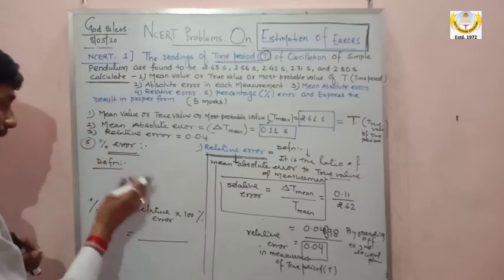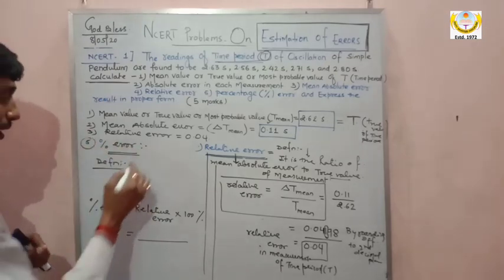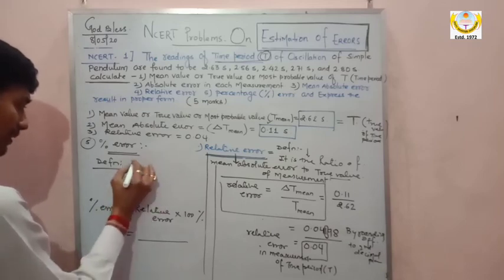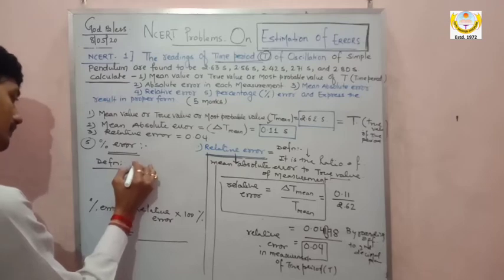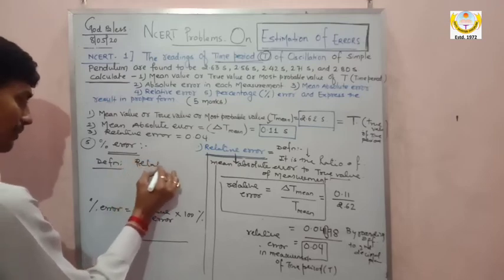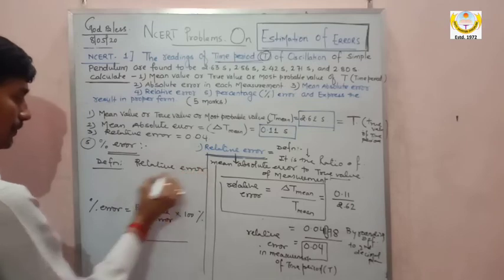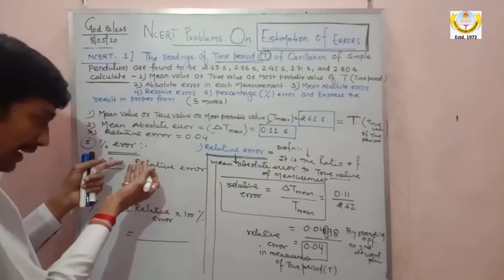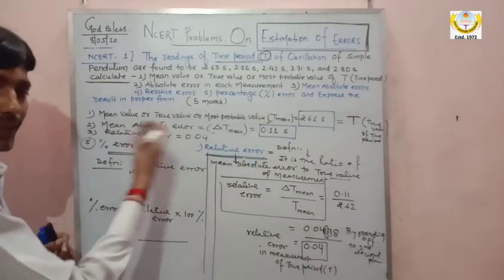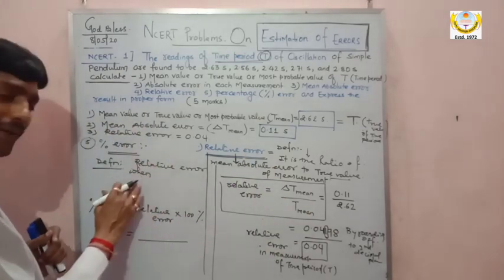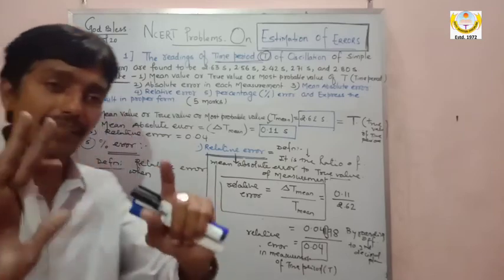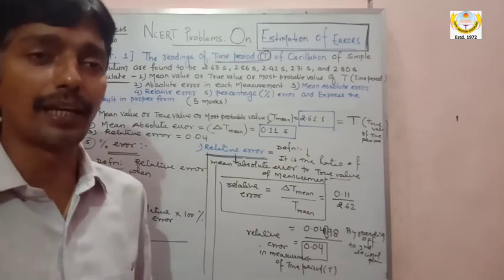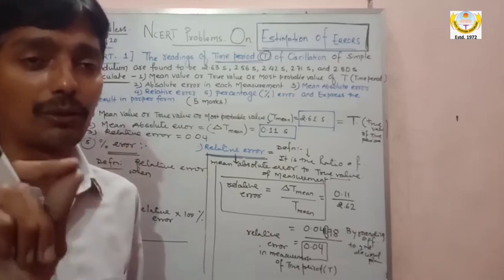So now what is percentage error? Relative error, when expressed in percentage. Write it like this: when relative error is expressed in percentage. Don't write only relative error, because I can keep the answer as relative error also for the question. It is not necessary every time that I calculate percentage error. I will work according to the question.